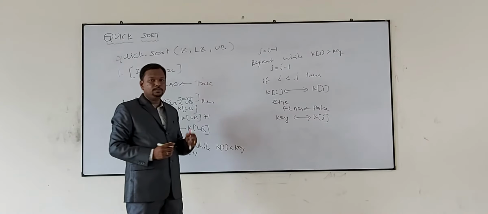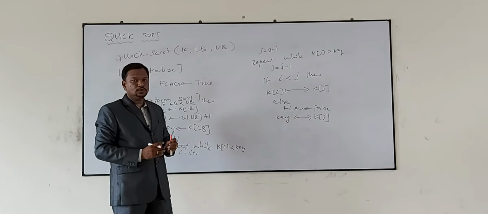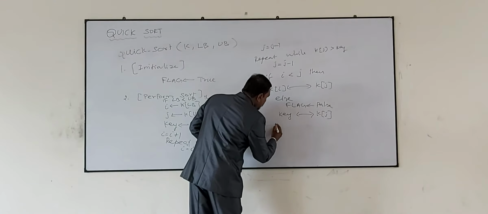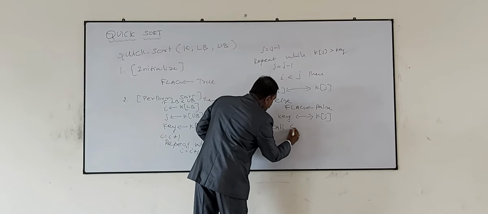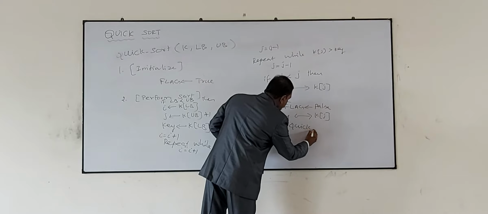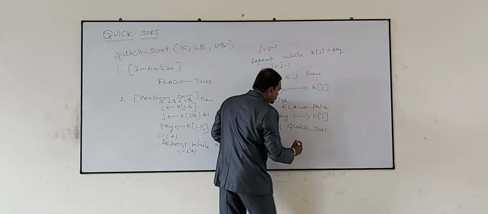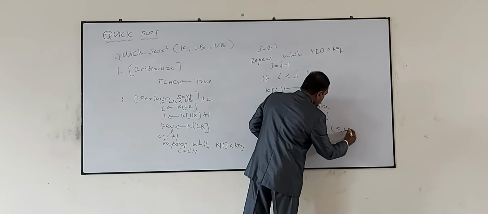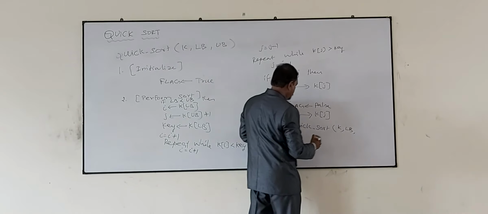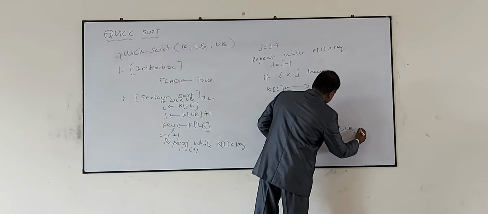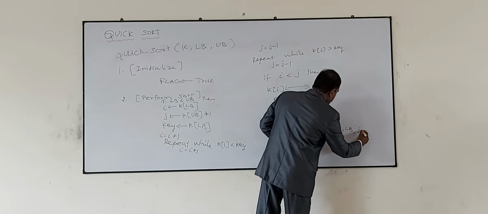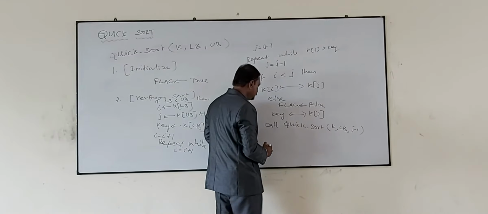Now we get the position of key element, so the table is split into two. That is called quicksort. Quicksort K, lower bound and j minus 1.